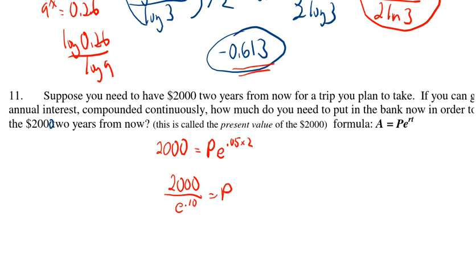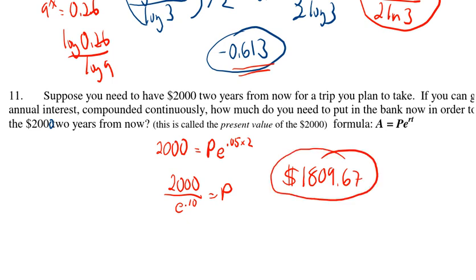So, yeah, and that's a word. Sometimes you'll hear the present value of the $2,000. Sometimes if a sports team signs an athlete to a multi-year deal, they need to know the present value of that deal.